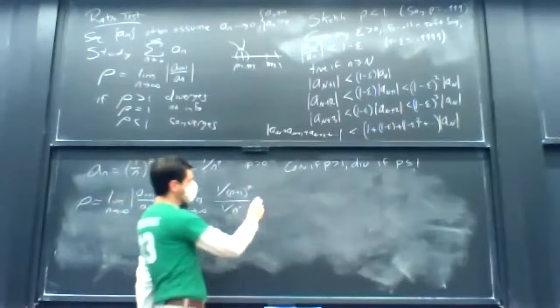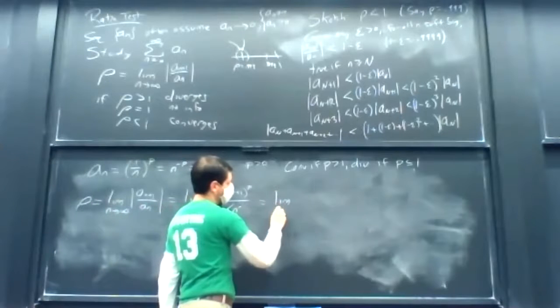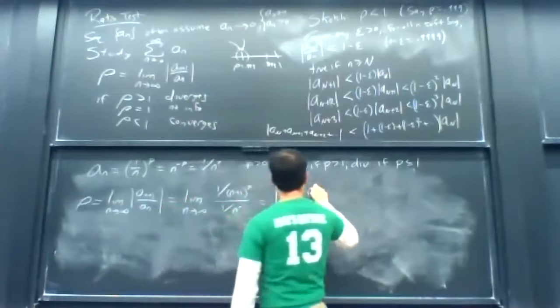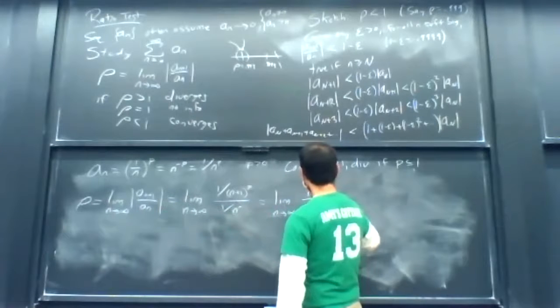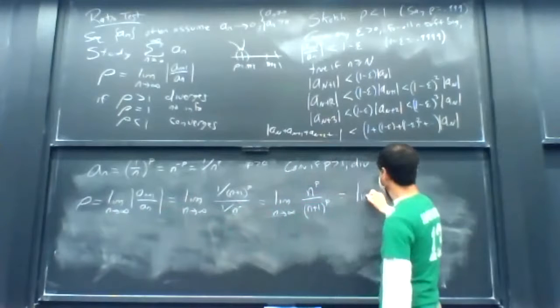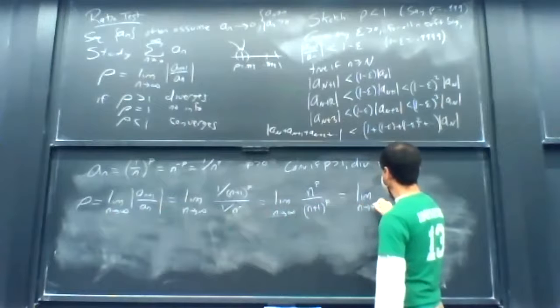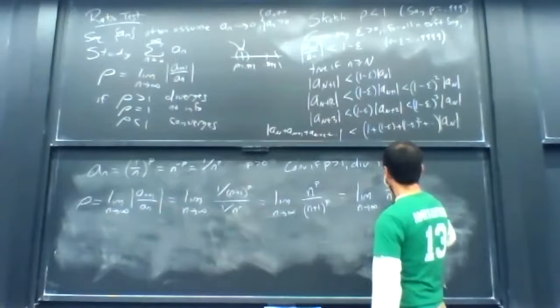This is the limit of n to the p divided by (n+1) to the p, or the limit of (n over n+1) all to the p.